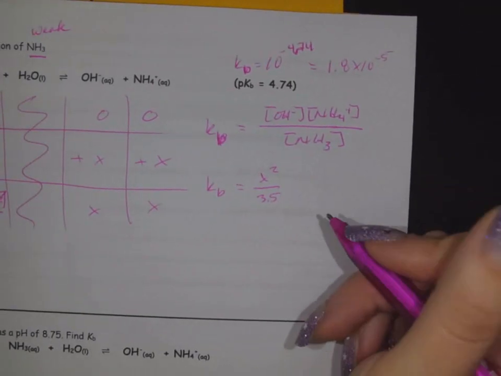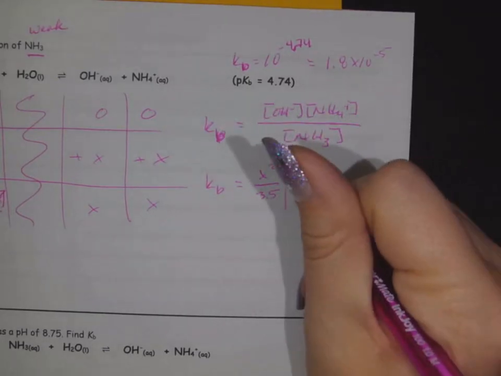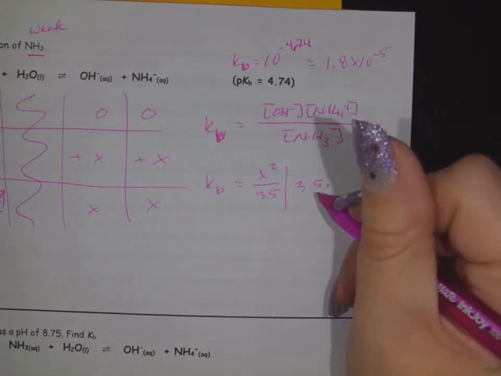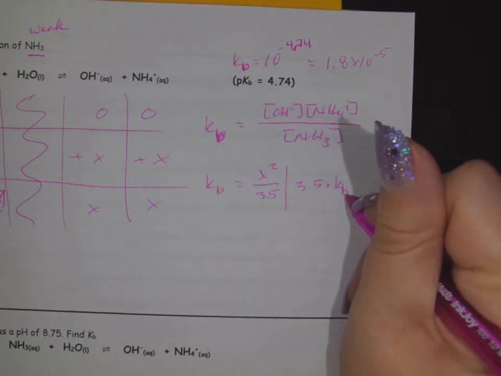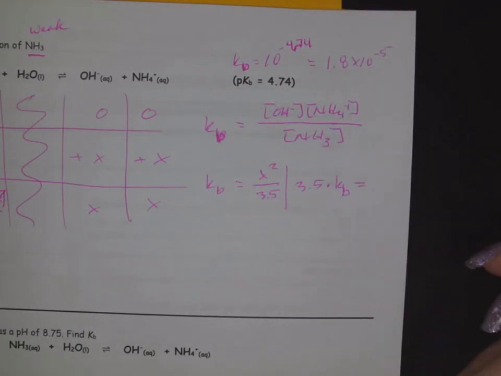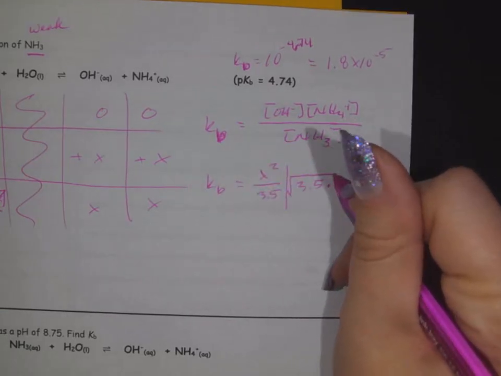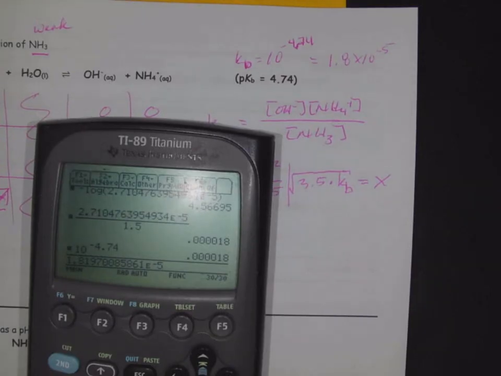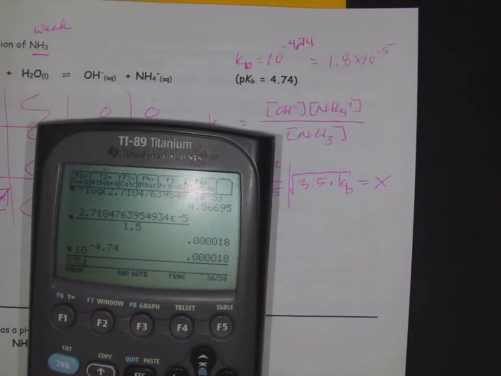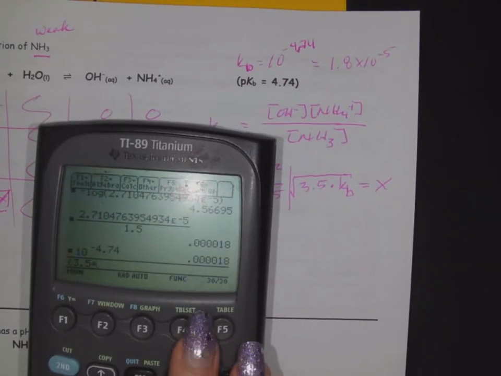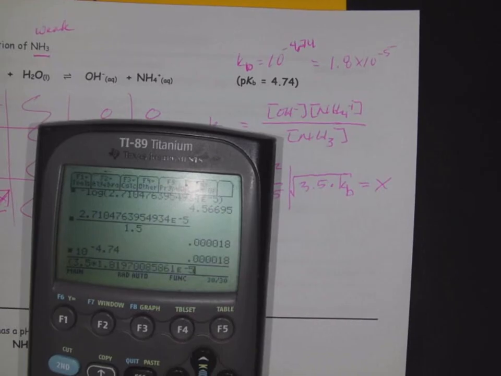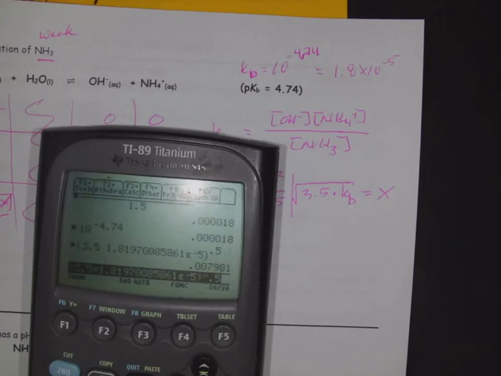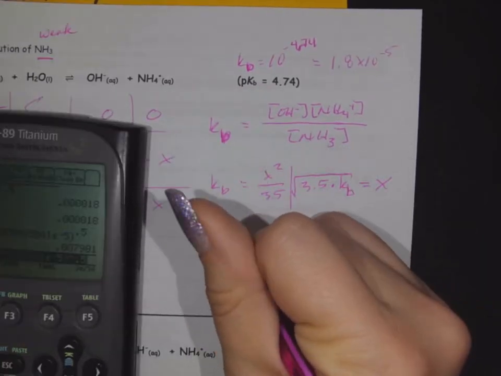To solve for x using Kb, 3.5 times Kb is equal to x squared, and then if we take the square root of that, then it will equal x. So 3.5 times our Kb value, square root.